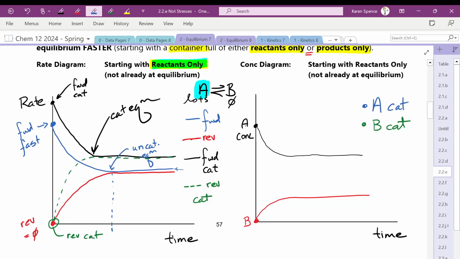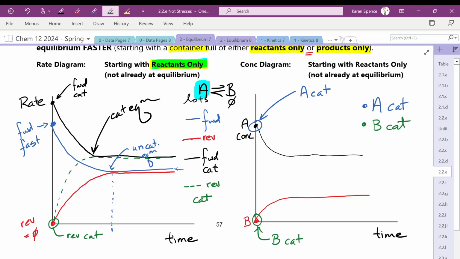Same place. Where would B start? Same place, different place? Same place. Will there be anything different about these curves? Will the final concentrations be the same or different? The same.